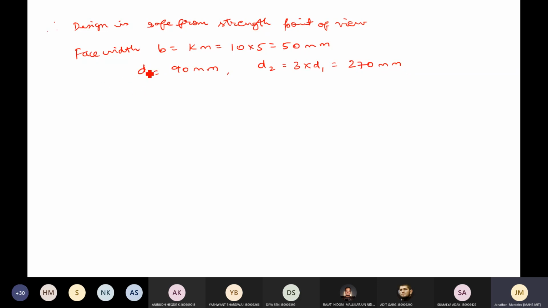And there is one more property that will help us in the future problems, called center distance. It is designated by letter C, which is d1 plus d2 by 2, equal to 90 plus 270 by 2, which is around 180 mm.